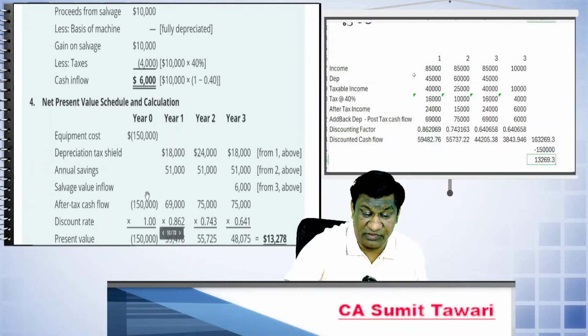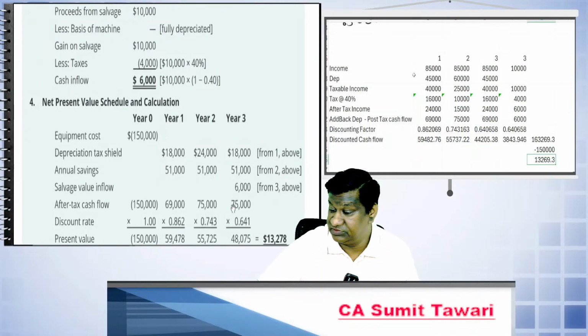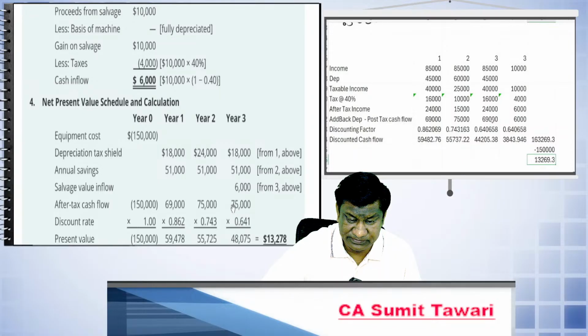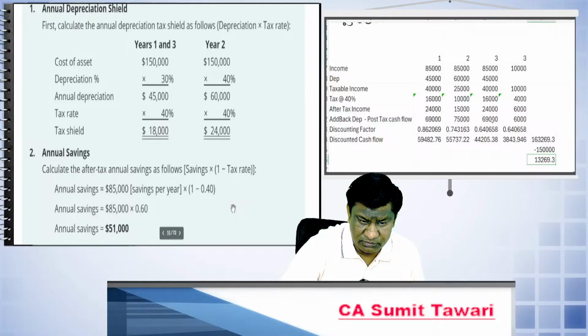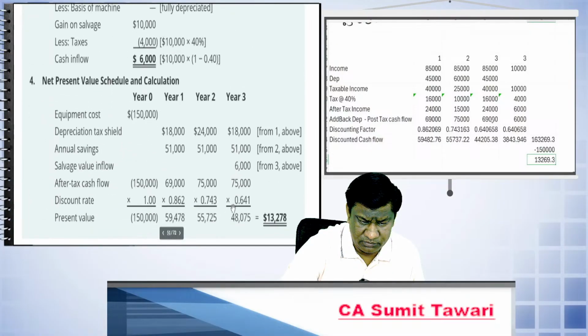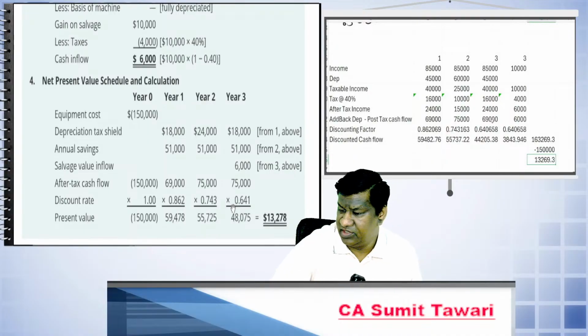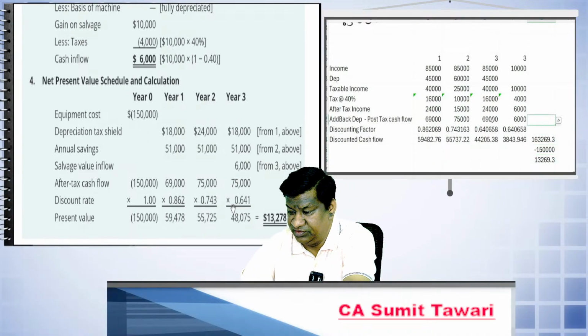So 150,000 depreciation, tax shield 81,000 and 15. So 6975, 75, 6975. Why it is 69? Okay, yeah, 69 plus 6, this one, this way.